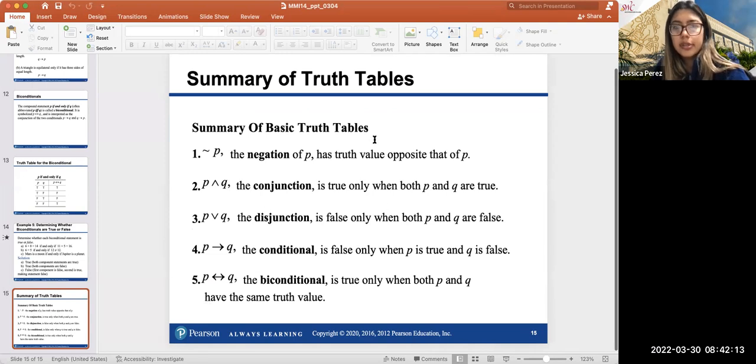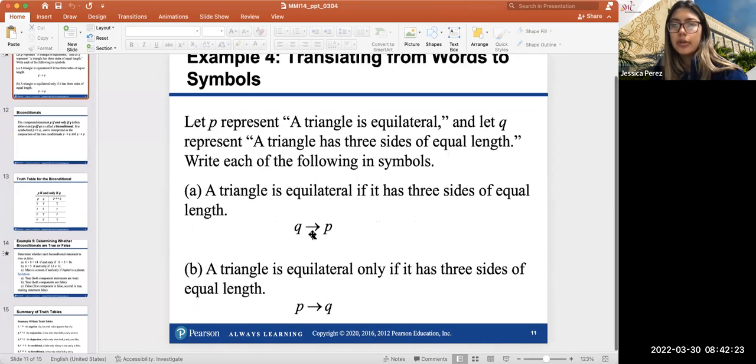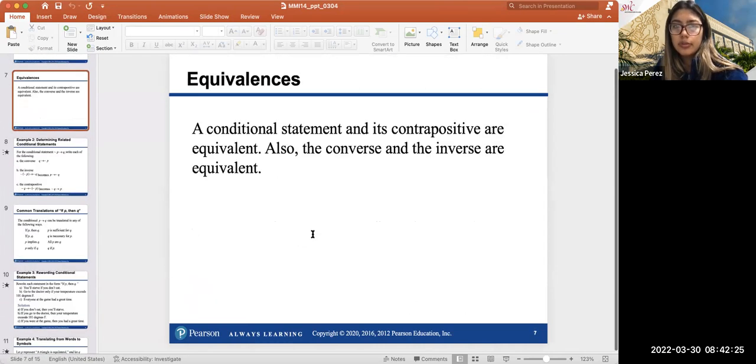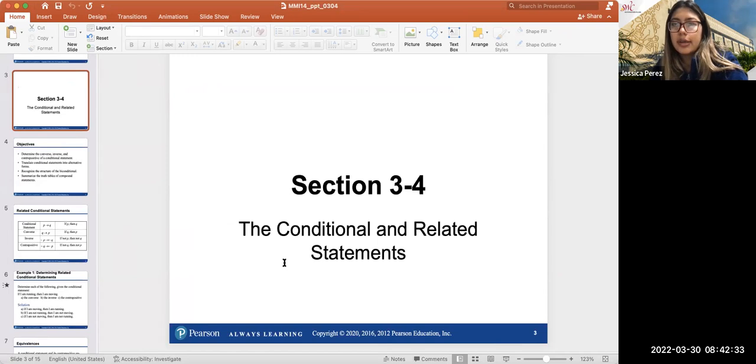You want to have this with you. Make sure that you have this and your notes as well. I'm looking for all the truth tables, and also the conditional statements, the converse, the inverse, the contrapositive, all of that good stuff. And then in addition, go to the next one.